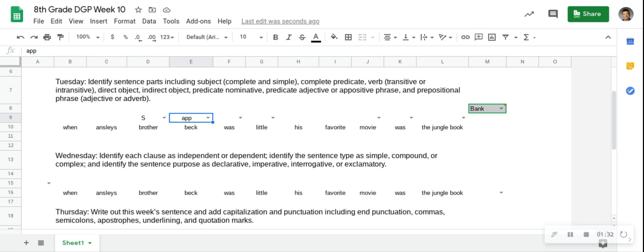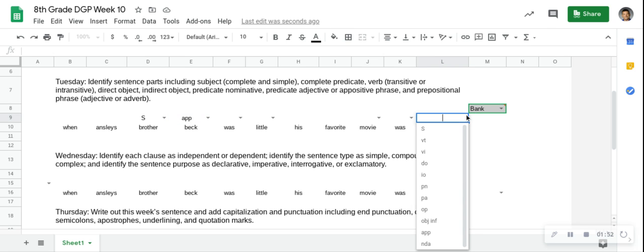Okay? What's our other subject? My simple subjects. Only Aiden today. What's that, Wyatt? Ooh, the Jungle Book. You're very close, but what is the Jungle Book doing in that sentence? Okay, it is modifying a noun, but that's why it's our predicate nominative.